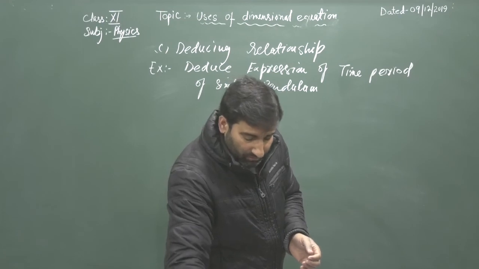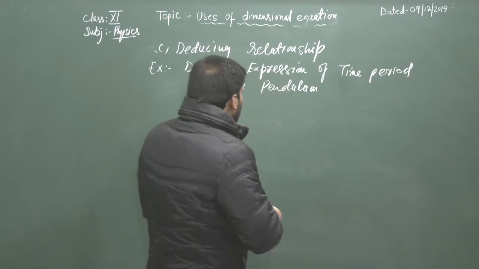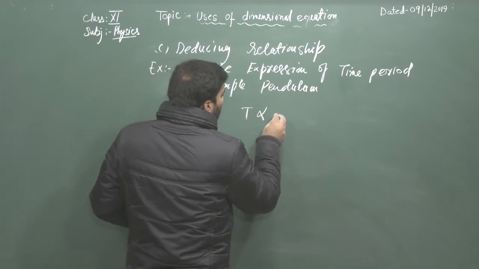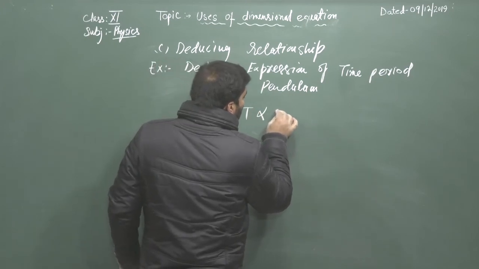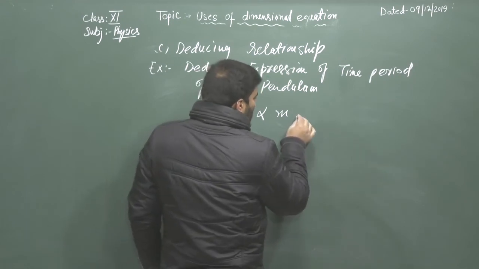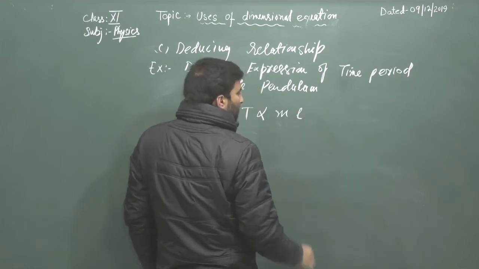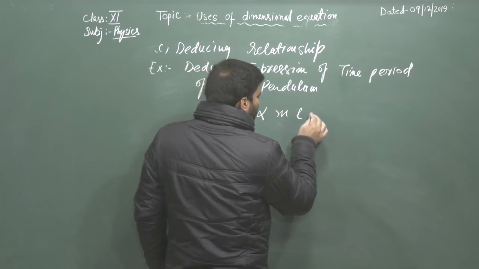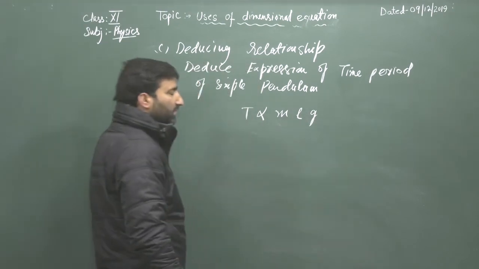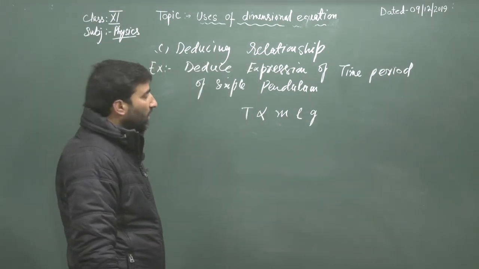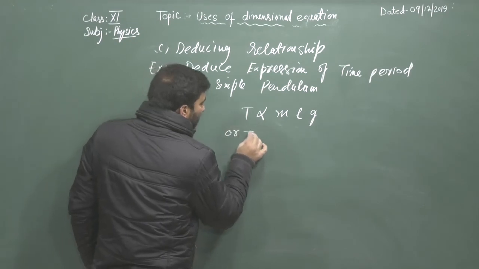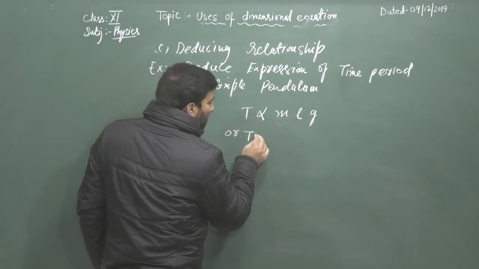So we can write the time period T of a simple pendulum, which is directly proportional to m, the mass of the bob, L, the length of the string, and third, g, the acceleration due to gravity. We can change this proportionality sign to equality.